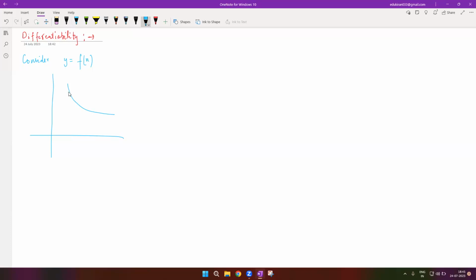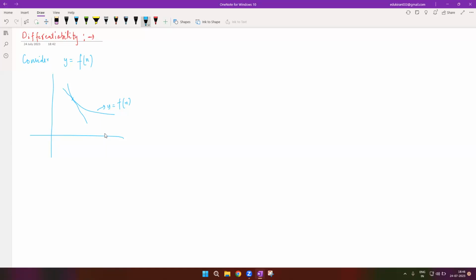For example, this is a tangent of the graph. Right? We do know about tangents, right? We have studied tangents in circles in class 10th. So a tangent is something which touches the curve at one point only. Right now this is a tangent and this was the graph of y is equal to f(x). So if I'm saying that this function is differentiable, it only means that we can draw a tangent on this graph.